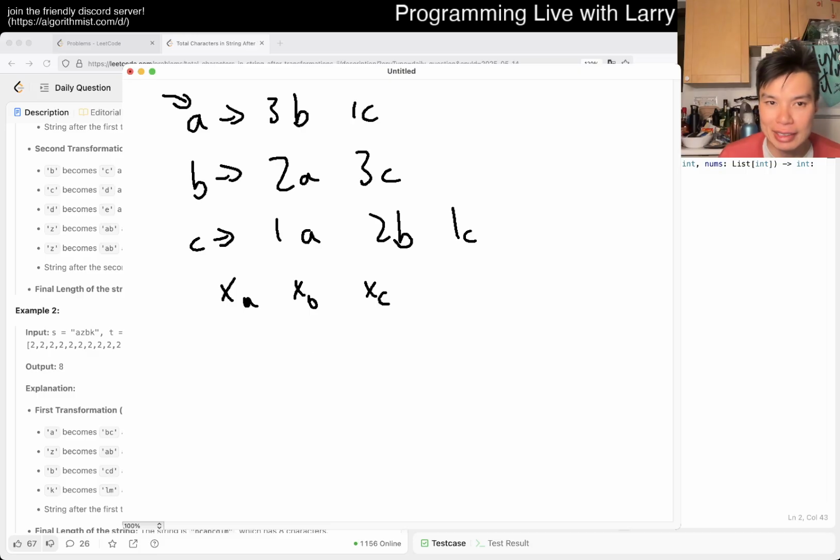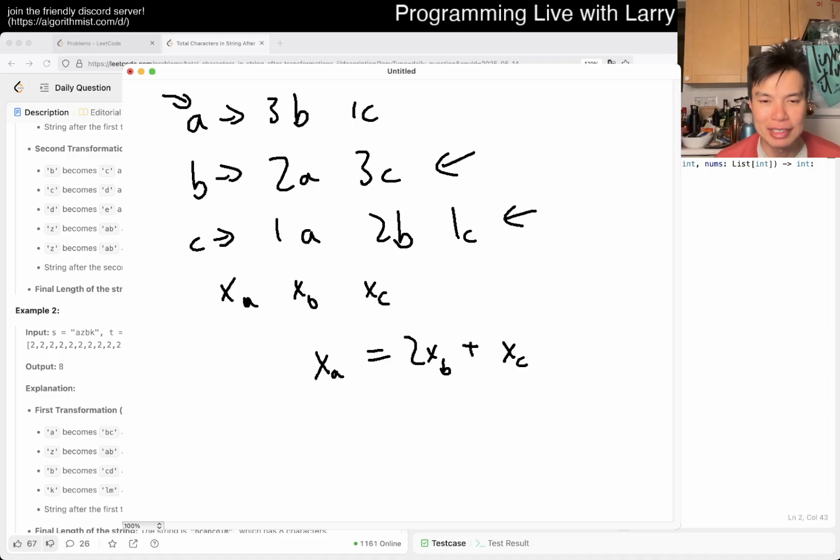Well, let's just say x sub a. Here we look at, okay, there are 2 A's and 1 A, right? Maybe the way that I'm setting this up is a little bit awkward, honestly. But okay, let's say we have x sub c plus 2x sub b. Is that right? I think maybe I did it wrong. No, this is right.